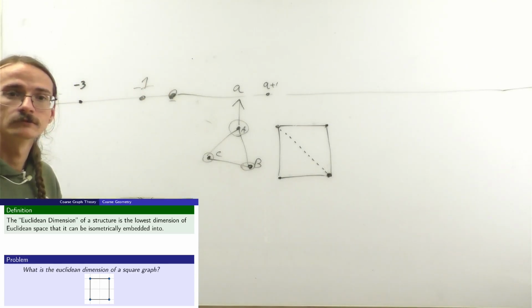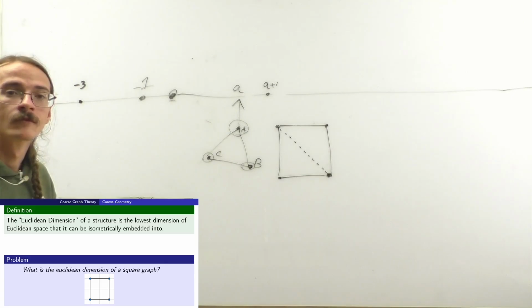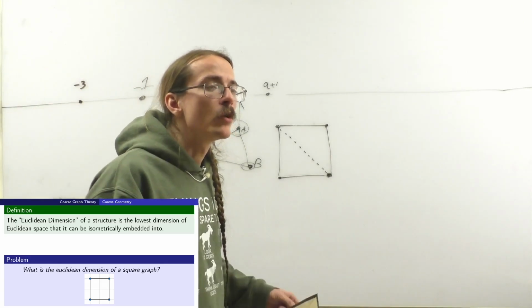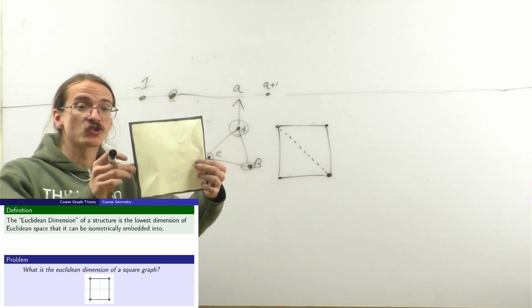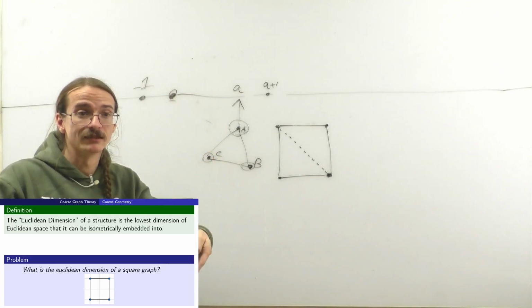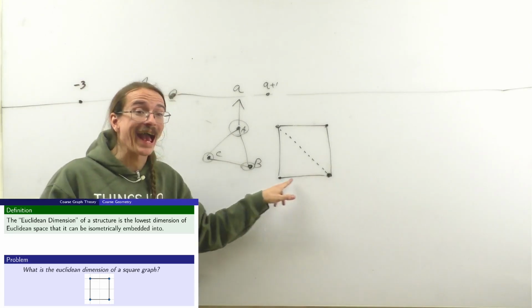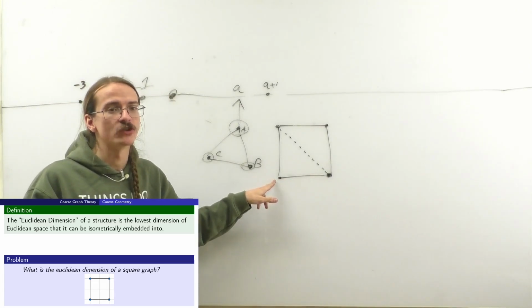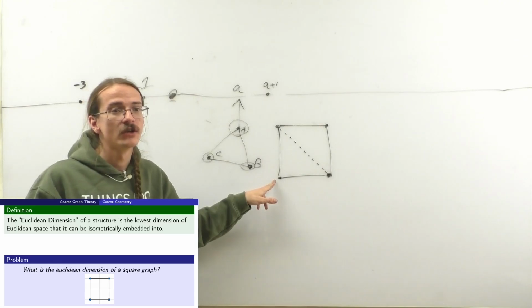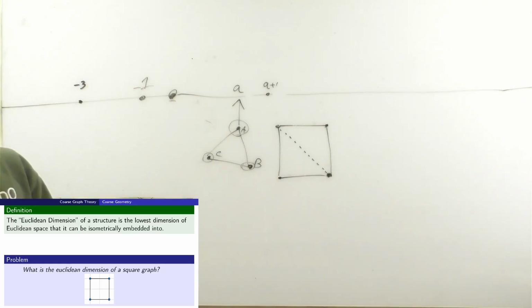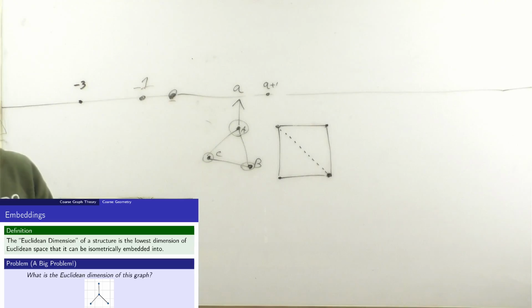So if it's a rectangle with side length, well, this isn't a square. This is a 4 cycle. It's a graph with 4 vertices, 4 edges. So this distance has to be 1. I can't change it around, make it something different. Okay. So what's the Euclidean dimension of a square? We'll get back to that because this one's even worse.